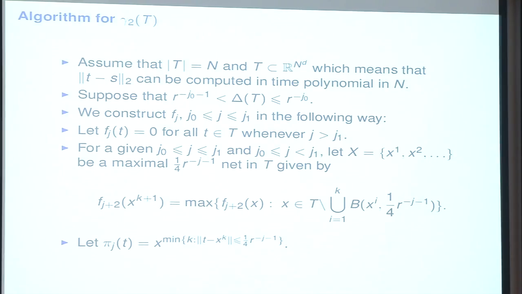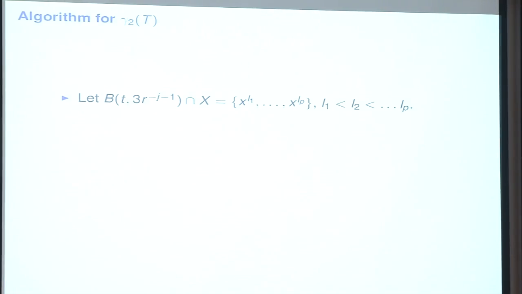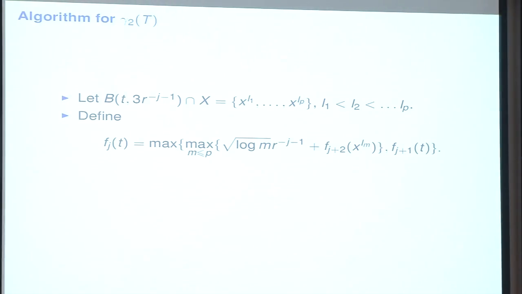Okay, and why should this idea work? Because now we can define our function f_j(t) in the following way. We can check all the possible points that are in the ball around point t, and once again a little bit larger diameter. It shouldn't be j-1 here, it should be 3 times r^{-j}, not j-1.